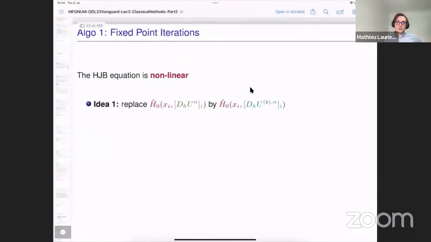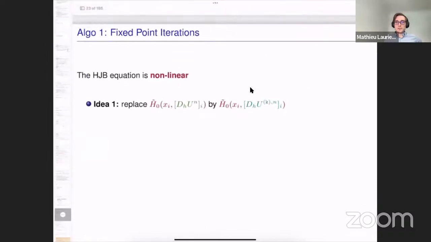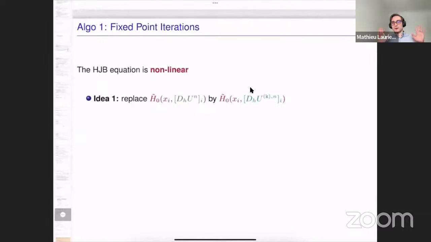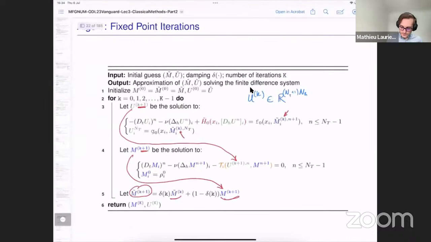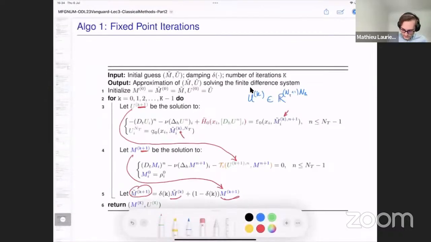Before that, I would like to mention that the HJB equation is nonlinear. So here I said in a hand-wavy way that you can solve the backward equation, sure. But if you look at this backward equation, it involves this term h tilde 0. This part here could be problematic because in general it would be nonlinear.